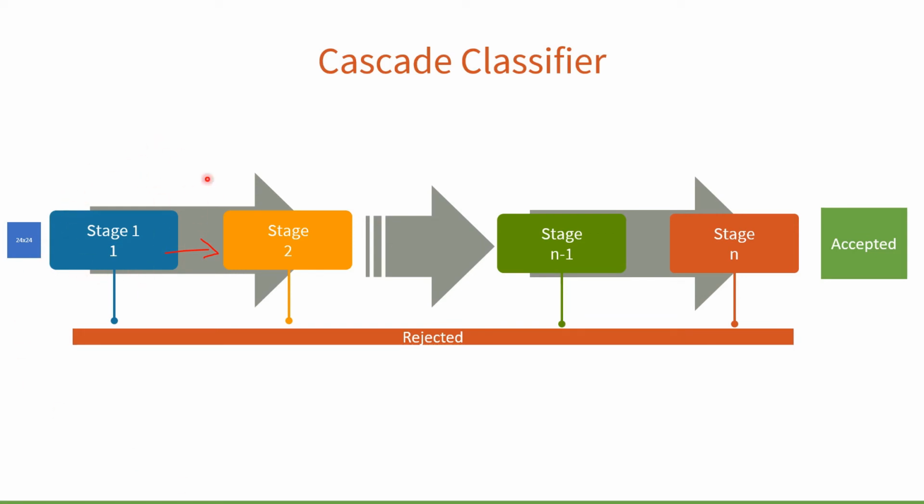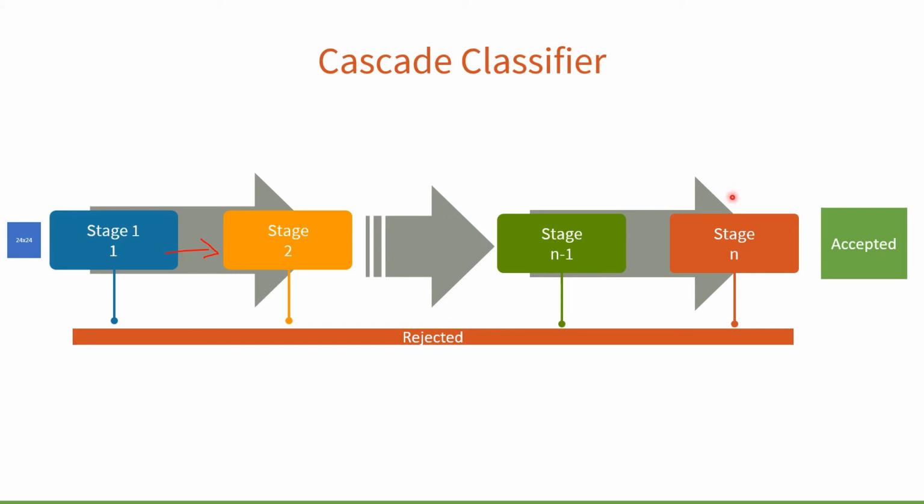So if an image escapes stage 1 and goes to stage 2, then stage 3, stage 4 and n-1, then it reaches the nth stage, a very strong classifier, and if it confirms that it is accepted, then it is a face.